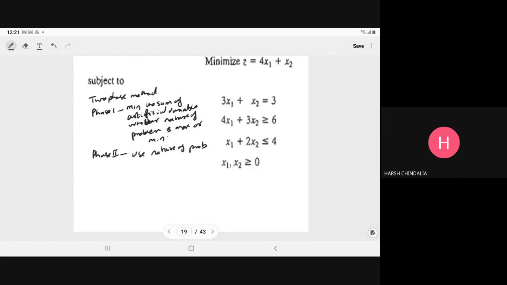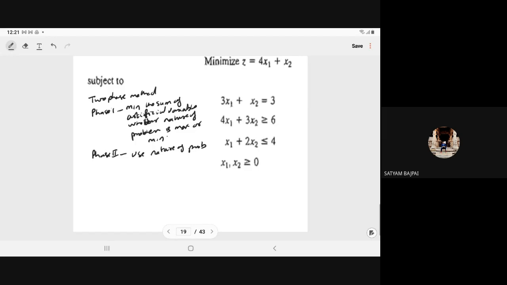For the standard form, in the first, what do we have to add or subtract, slack or surplus, please tell. Surplus. Pardon? Surplus. Sir. No surplus.